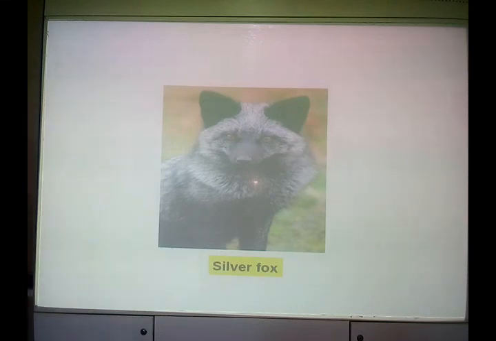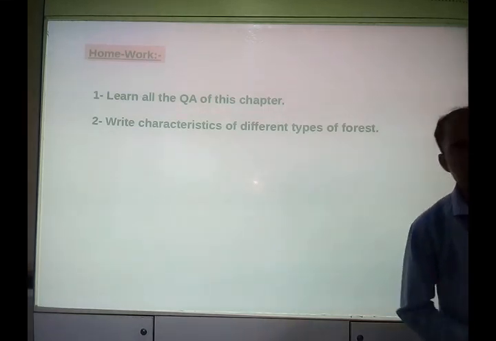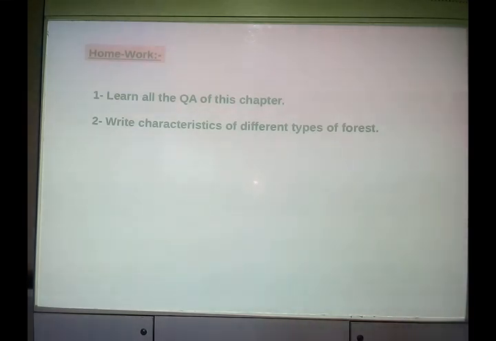Now let's note down the homework also. You have to learn all the question answers of this chapter by heart. Moreover, you have to write the characteristics of different types of forest: tropical evergreen, temperate evergreen, tropical deciduous, temperate deciduous, and coniferous forest.